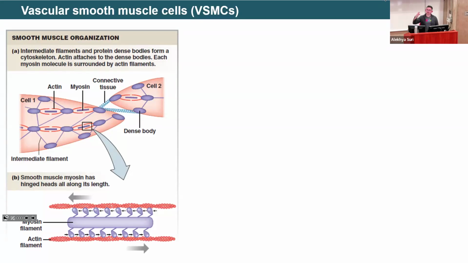And as you can tell, the proteins are not organized in sarcomeres, right? So you don't have Z discs, you don't have A bands and H zones and all of that stuff. However, you do have these sort of bluish purple blobs. They represent structures that are called dense bodies.